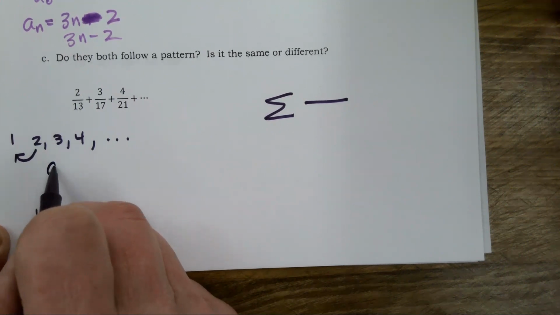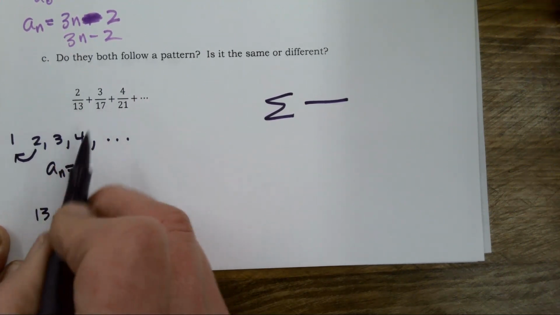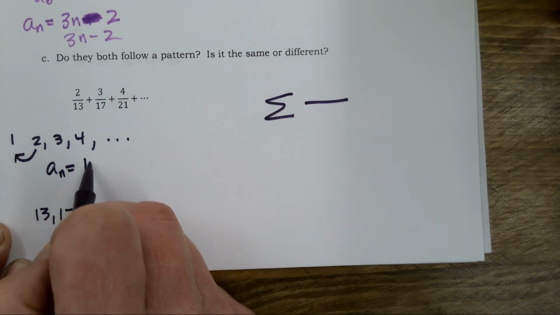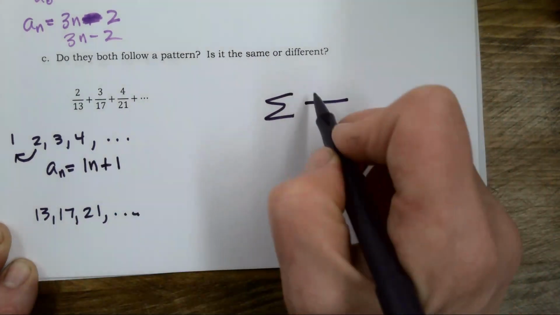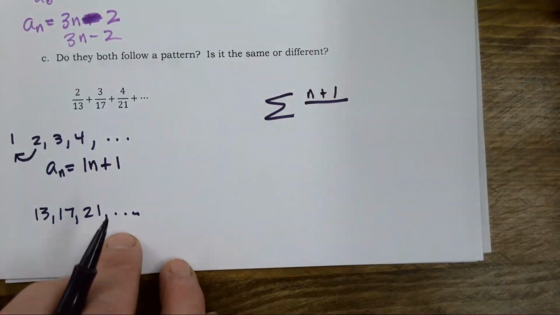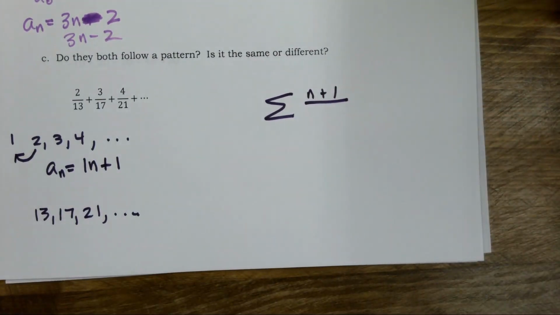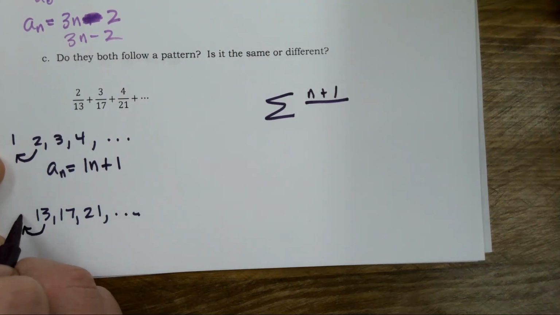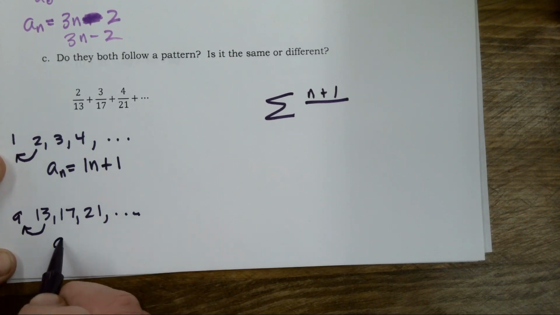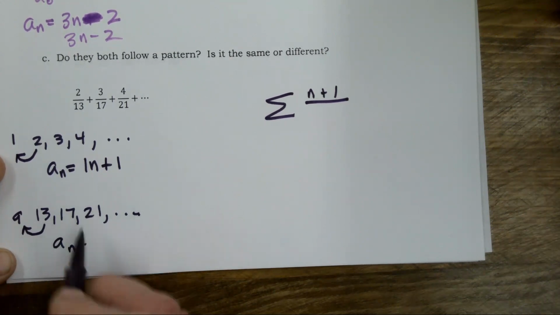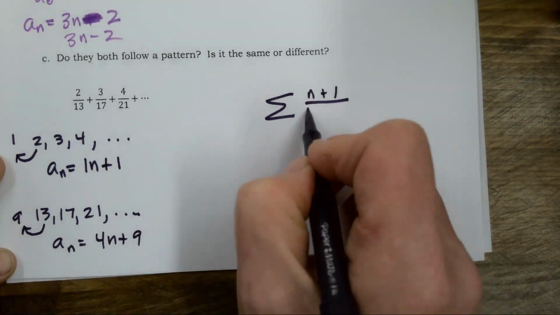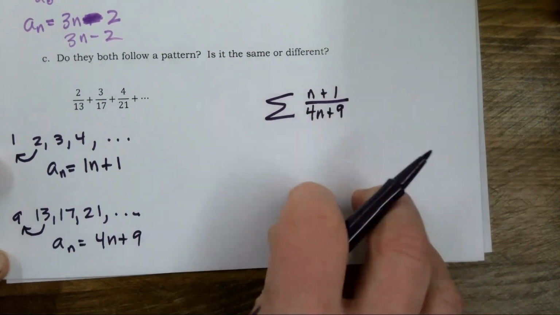And so my a sub n for the numerator is 1n plus 1, or I can just write it as n plus 1. On the bottom, if I go back, I'm at 9. So my explicit form for that one is 4n plus 9, so I'll use that to represent the bottom.